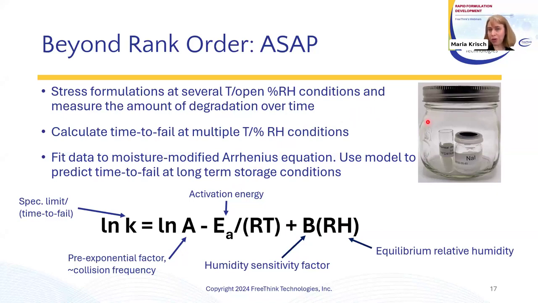From a practical point of view, this looks like putting a drug product in a closed container. We set the relative humidity with a saturated salt solution, close it up in a little ball jar or canning jar, and put that whole system in an oven at an elevated temperature and set RH condition, and leave it for different time points.